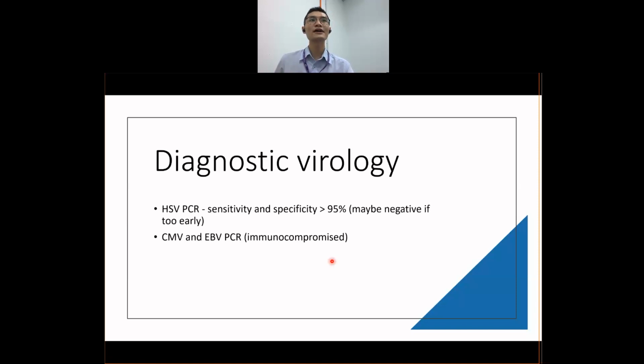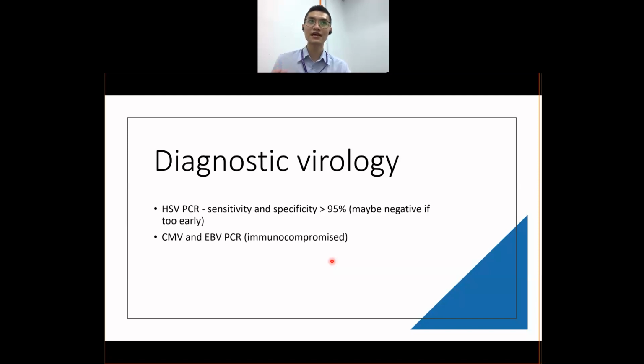HSV PCR has a sensitivity and also specificity of more than 95%. The most common viral pathogen in our setting to cause encephalitis is the herpes simplex virus, and the PCR is readily available even in HUSM. Like I mentioned before, you need to find out the immune status of your patient.